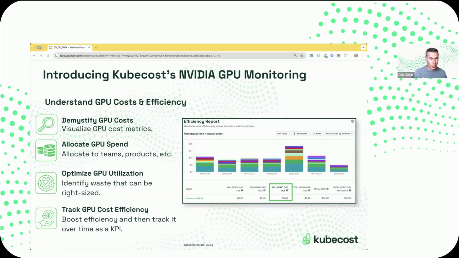Thanks, Joe. So let's talk about what Kubecost can do for you when it comes to GPU monitoring. First and foremost, before you do any understanding of utilization efficiency, you simply need to understand, where do I have GPUs? What things are even using them? Without going too far into the weeds, GPUs function, as Joe mentioned, in a pretty good way.